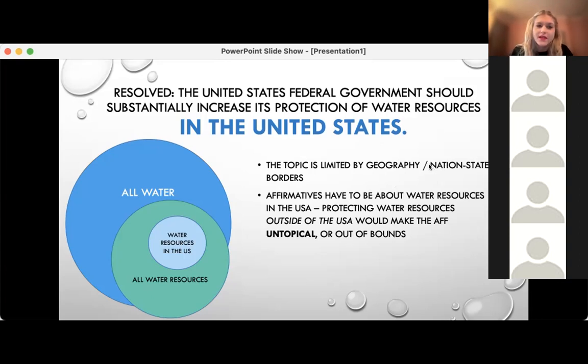So essentially, if you're the affirmative, you will defend a plan that is about water resources in the United States, which means that protecting any water outside the bounds of the US would be outside your burden of proof, or what you came to debate about.